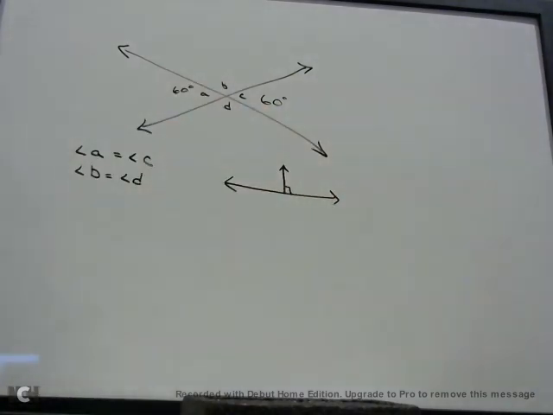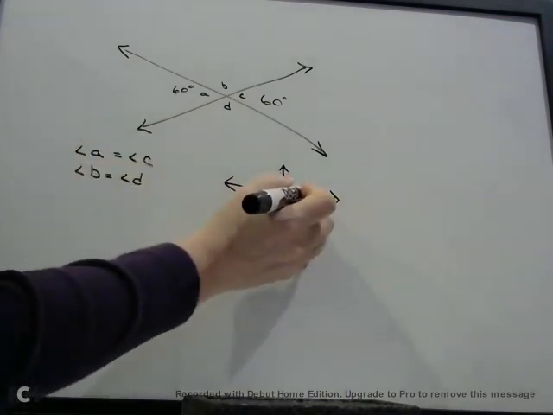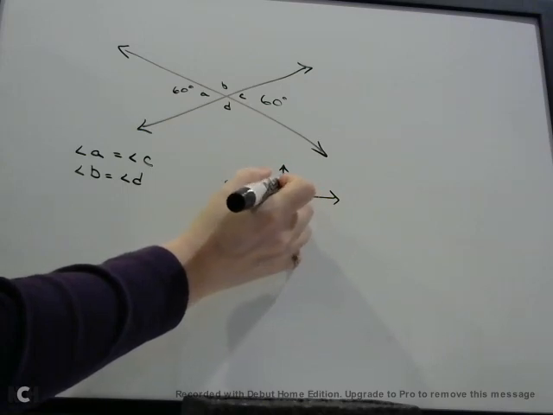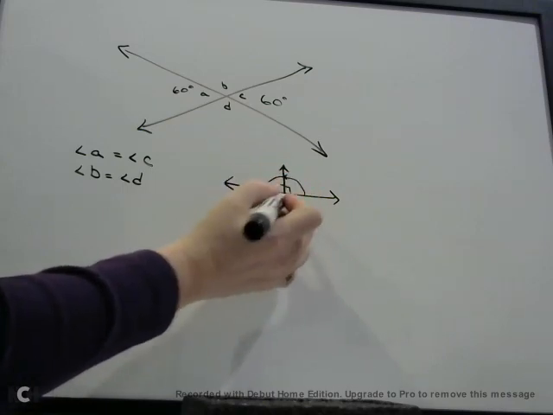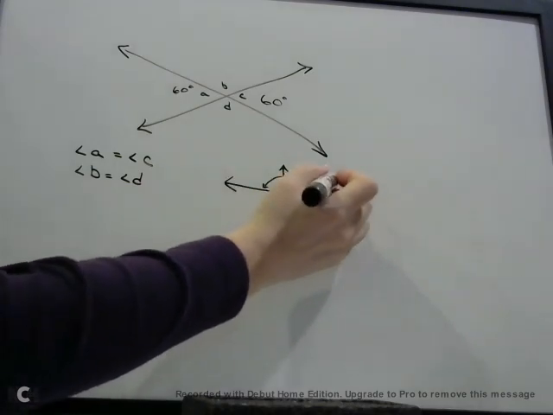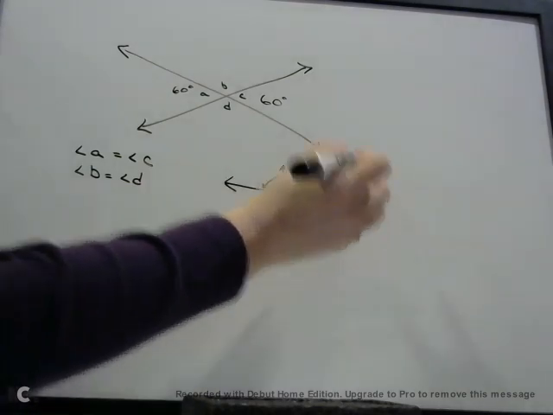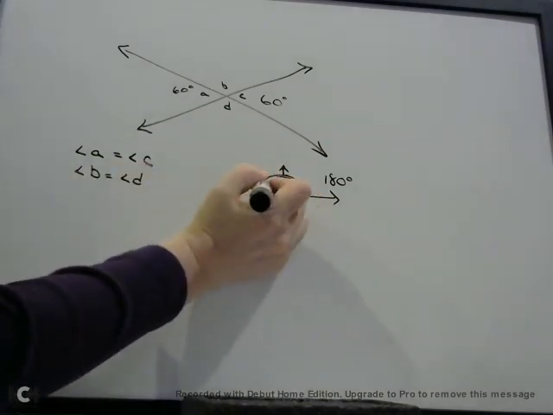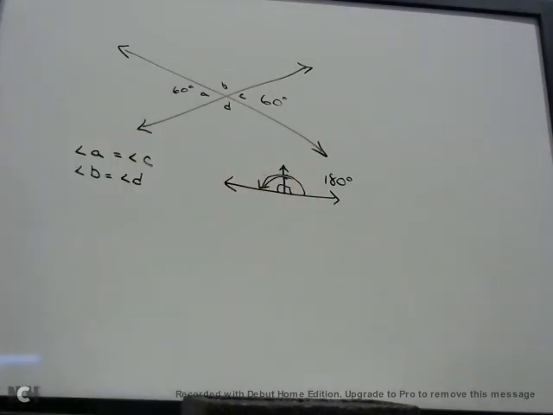If you have a line that is perpendicular, like perfectly 90 degrees, then this is 90 degrees, and this is 90 degrees too. So the measurement of a line from one side to the other is 180 degrees.